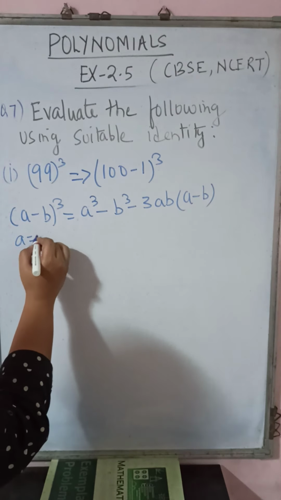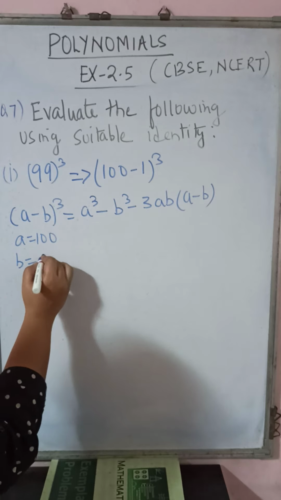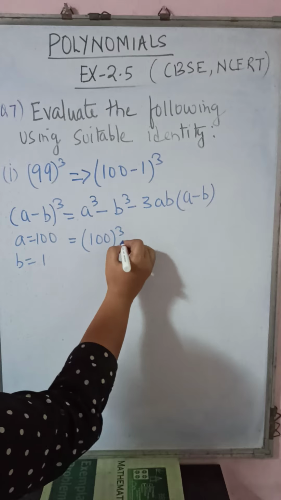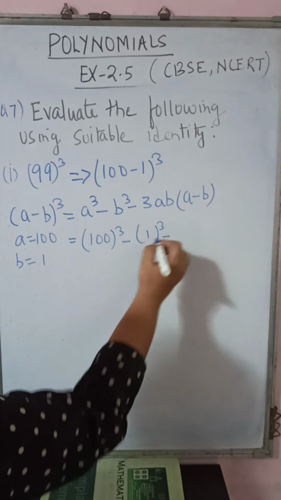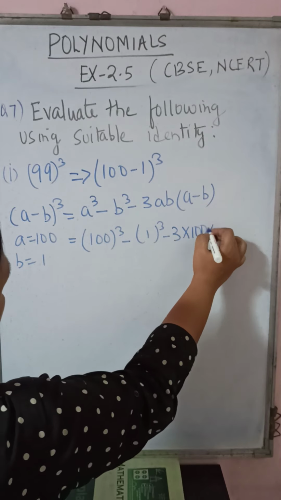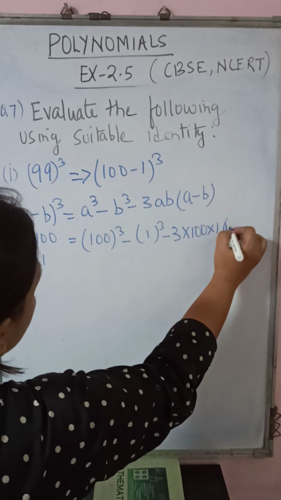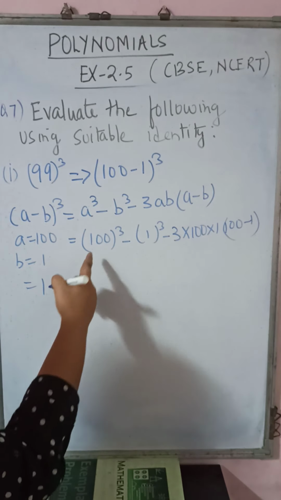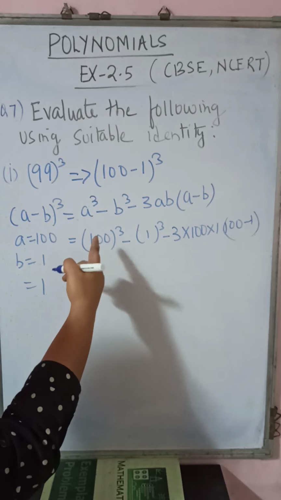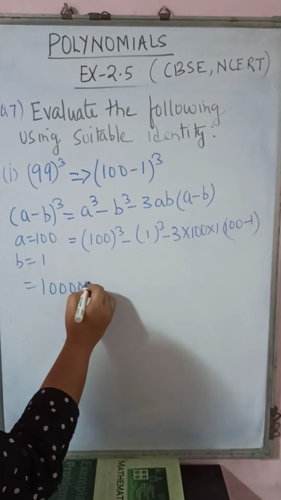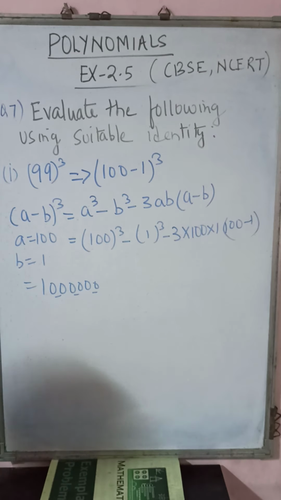a is 100 and b is 1. Now simply substitute in the formula. a means 100 cube, b is 1 cube, minus 3 into 100 into 1, and a minus b means 100 minus 1. Now 100 cube means 100 into 100 into 100, so how many zeros? 6 zeros.